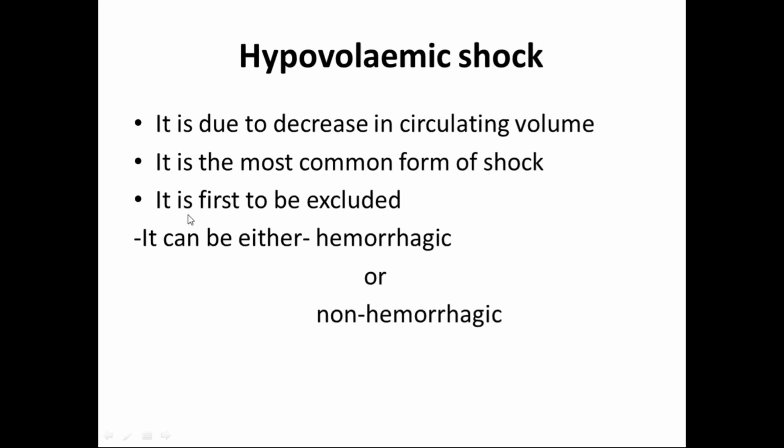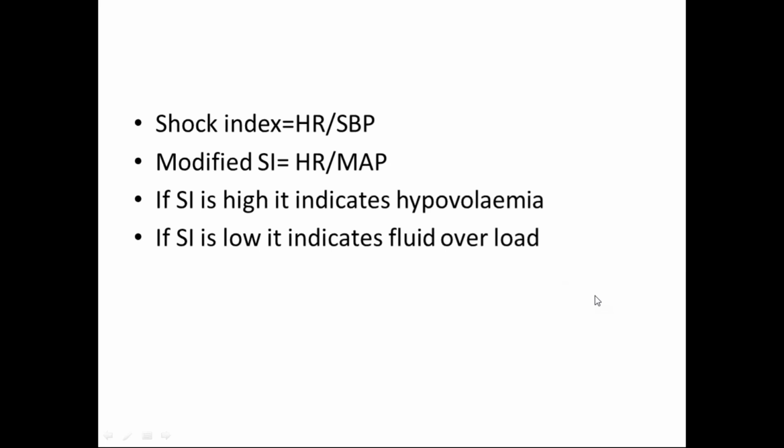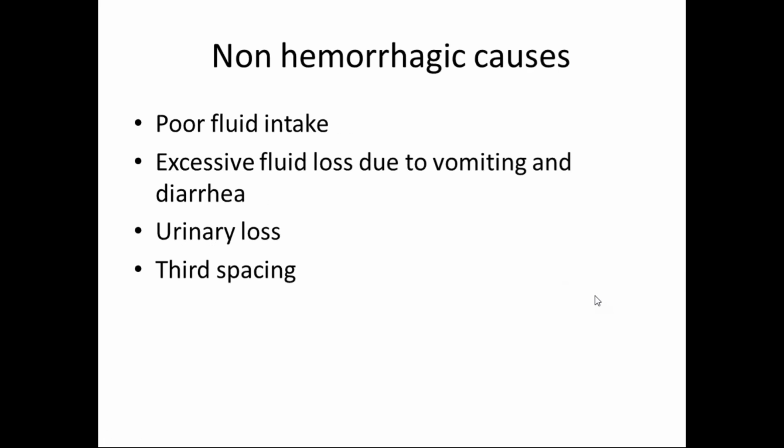If you don't know the type of shock, you have to consider it to be hypovolemic shock, and we have to further classify whether this hypovolemia is because of hemorrhagic shock or non-hemorrhagic shock. What are the causes of hemorrhagic shock? Hemorrhagic shock is because of loss of blood. It could be because of surgery.